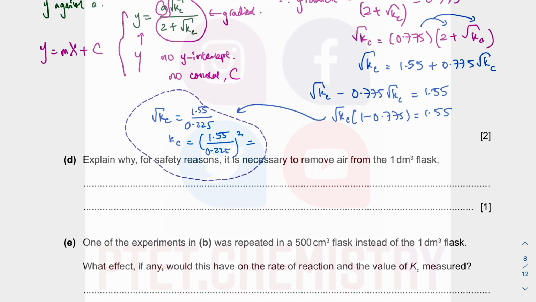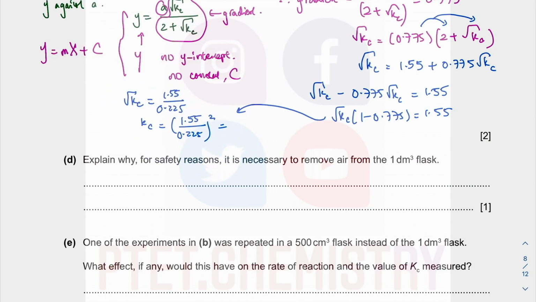Because I don't feel comfortable writing the answer for one part in the lines of another answer. That's 47.457. Kc is roughly 47.5 to 3 significant figures, okay? You can cut down some of the steps. I was just showing all the steps because, like I said, I'm not very good at math, so I don't want to make any mistakes.